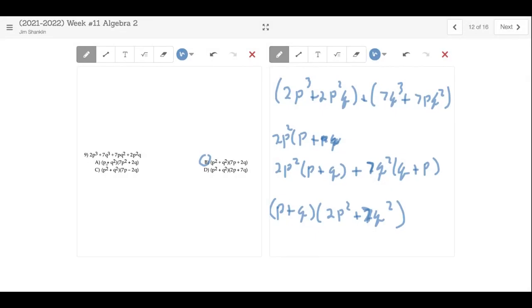P plus Q. I still don't see a P squared, Q squared, 7. That still doesn't look right. Something is way off there.